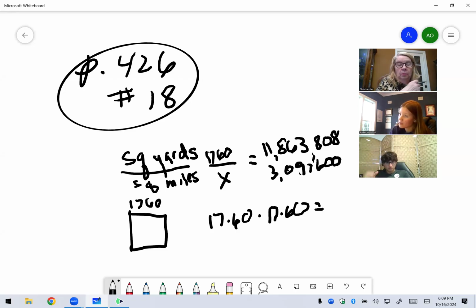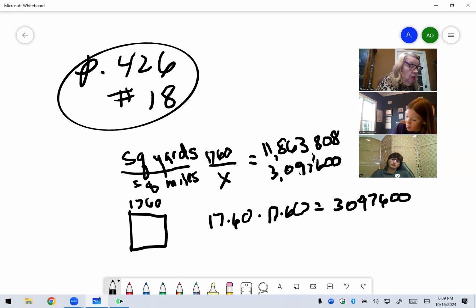And so we know that we have this many. Do you see why we have to get this number? Because we need to get square yards because we're in module 2. And then we just cross multiply. 1760 times 1760.